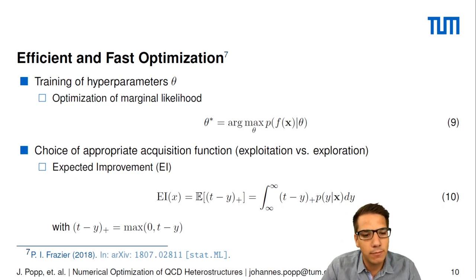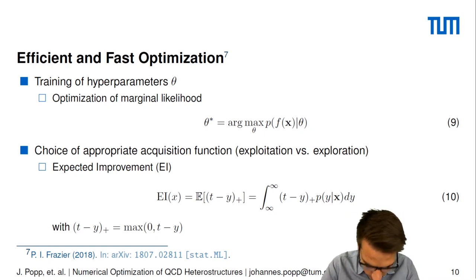And exploration means we also have to consider parts where we have higher uncertainty, so to speak. And a good choice here would be the expected improvement, which gives us strong theoretical guarantee and empirical effectiveness.